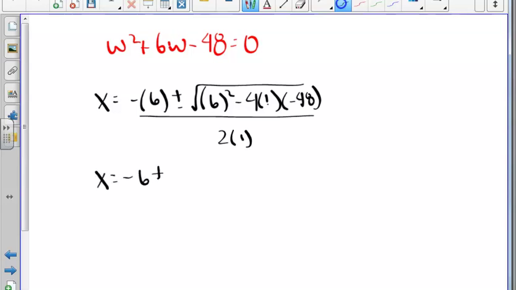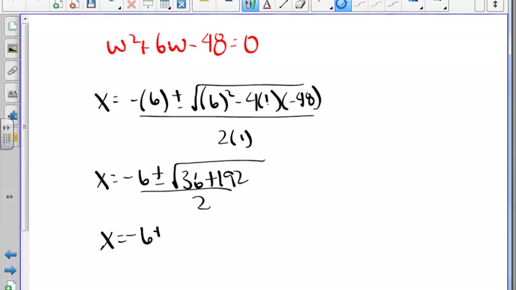When we simplify, we get -6 plus or minus the square root of 36 plus 192, divided by 2. 36 plus 192 is 228, so we have the square root of 228. Now the square root of 228 is not a nice perfect square.